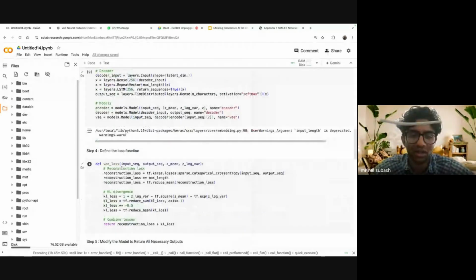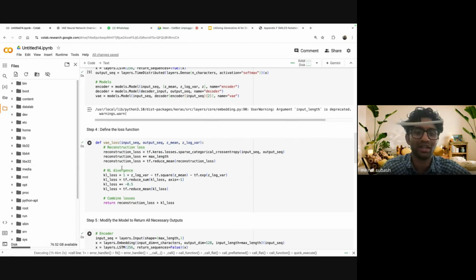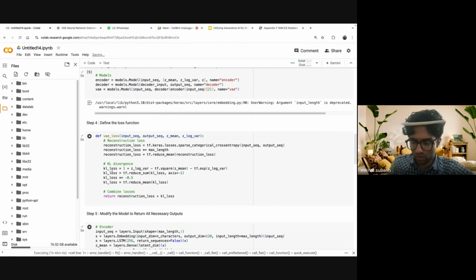And then we're calling something called variational autoencoder loss. In it, we are using a reconstruction loss, and we're using KL loss. KL loss is named after a scientist, I forget his name, but it regularizes the latent space.